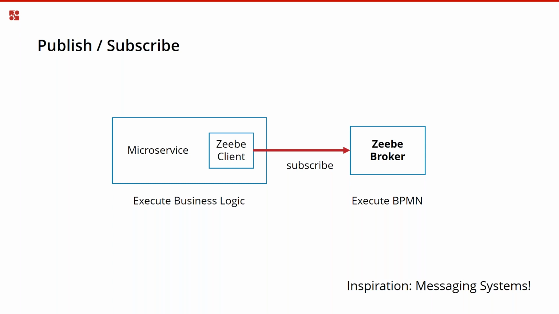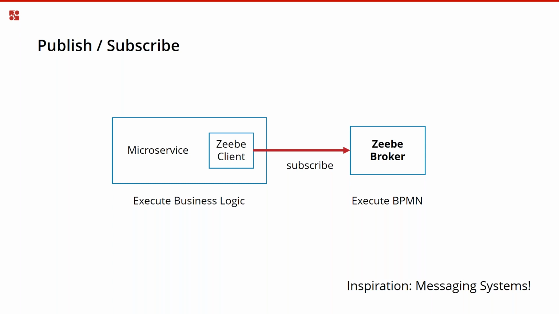This is a TCP connection that is open all the time. When something happens on the broker, like the task is getting created and is now in a state where it can be worked on, it will get pushed to the microservice, so that to keep latency in check, it gets pushed from the broker to the client, and then we can work on it and complete it.